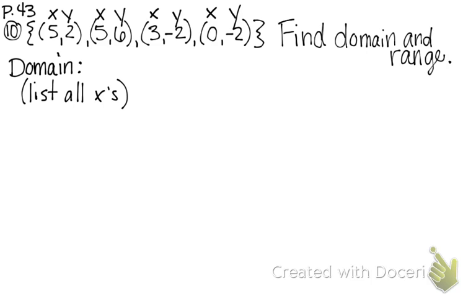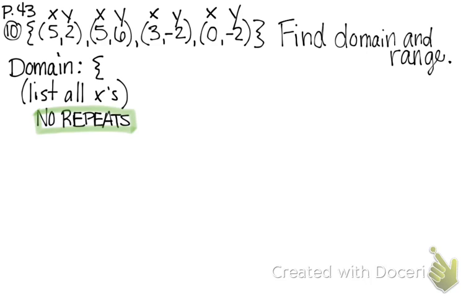And we're not going to repeat anything. So write yourself a note that says no repeats. So we have a 5 and a 5, but we're only going to write that down one time.